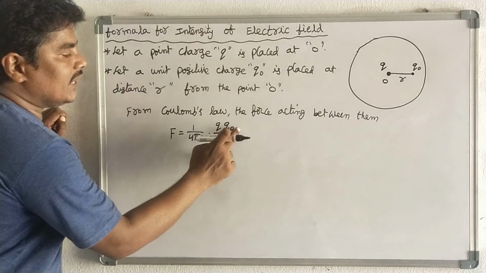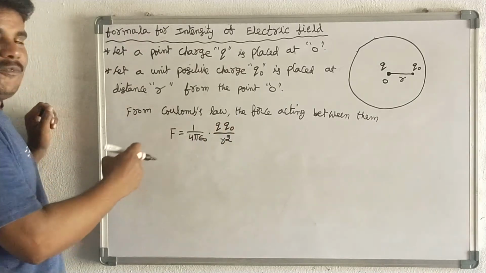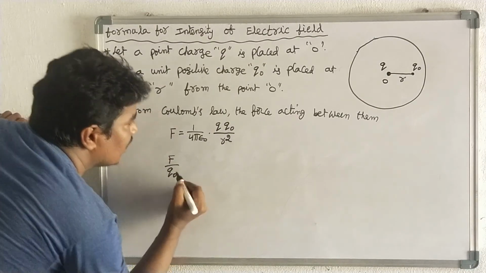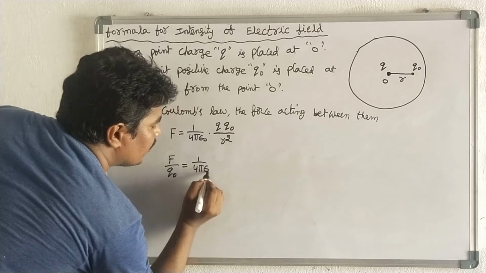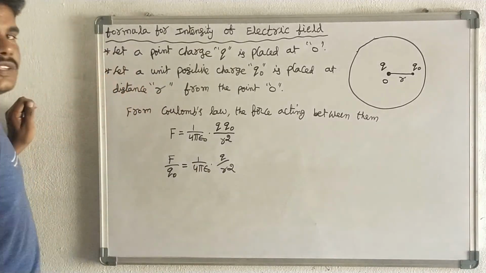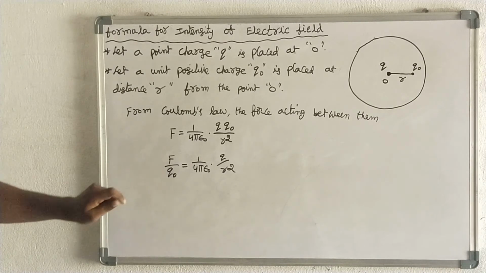Now we take this Q0, the unit positive charge, to the left side. Then we get F by Q0 is equal to 1 by 4 pi epsilon naught into Q by R square. But what is F by Q0?